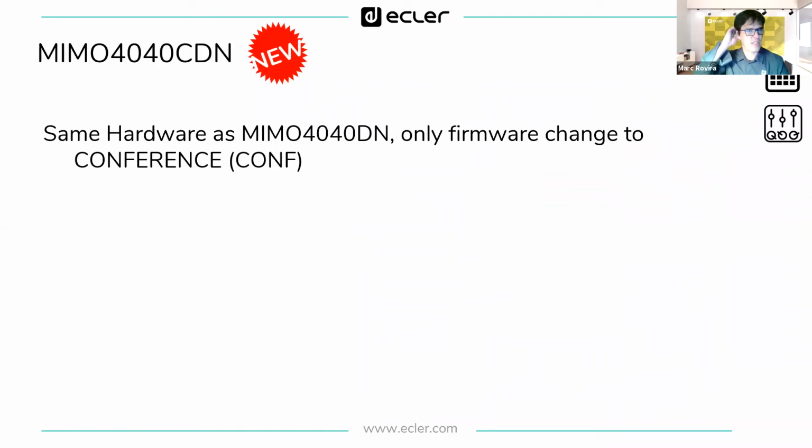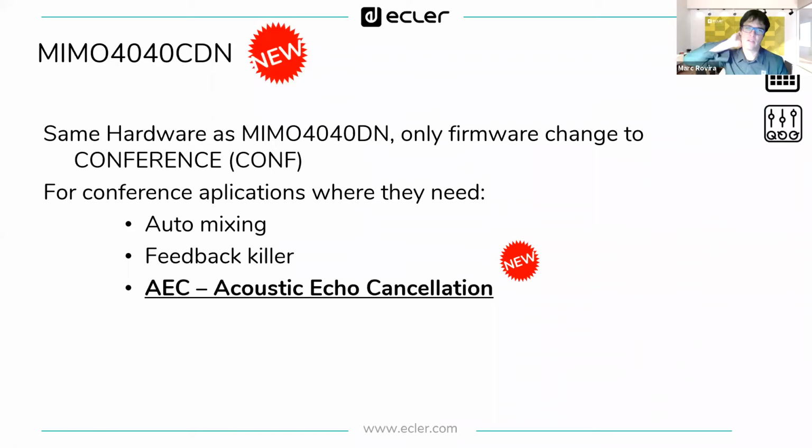Okay, so what about CDN? What's the difference of CDN? The CDN we have is made for conference purposes, and we've got auto mixing, feedback killer, and acoustic echo cancellation.